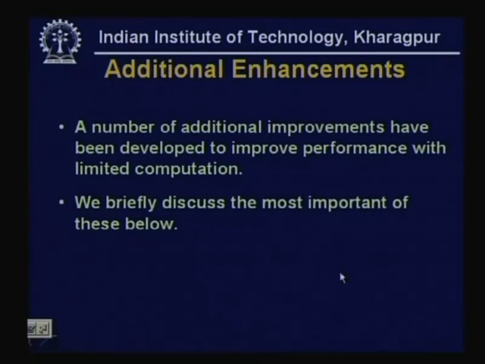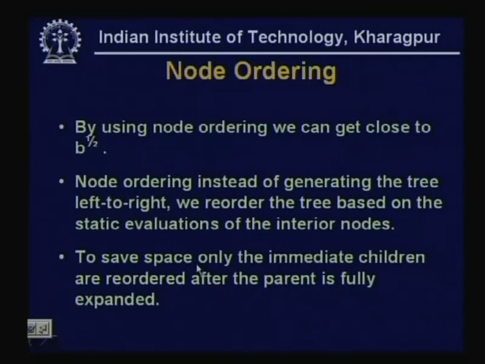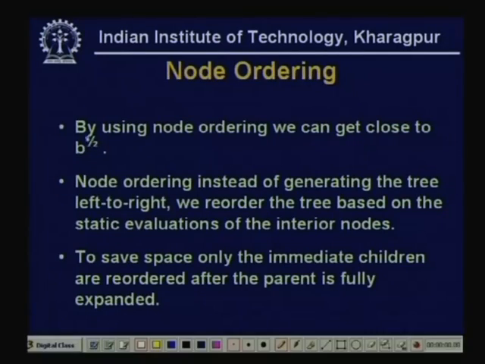Additionally, a number of improvements have been developed to improve performance with limited computation. So, we will briefly discuss some of the other issues that people have come up with for game trees. As I already mentioned, by using node ordering, using the static evaluation function or the current value, we can get close to order b to the power d by 2.